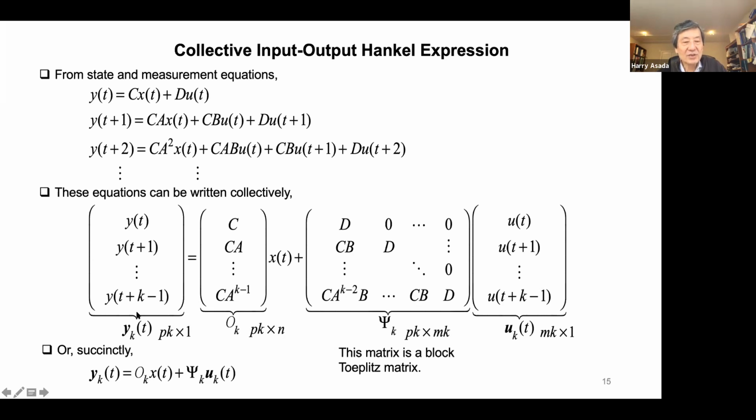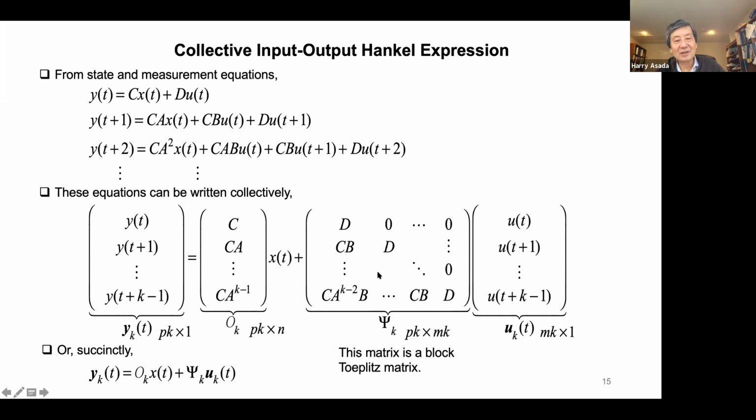So we just use this collective representation of the output. Sitting here is the observability matrix and a collective input sequence. In between, we have this big matrix, a pk times mk matrix, and its structure is interesting.